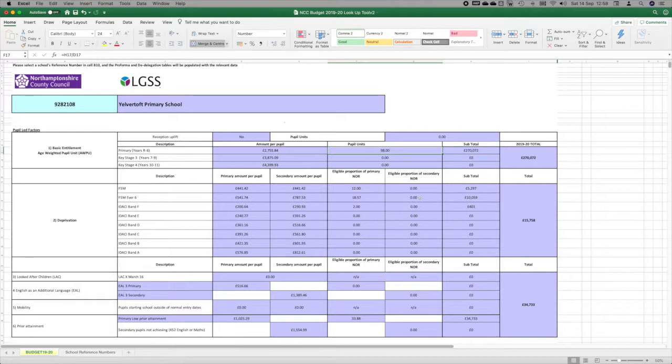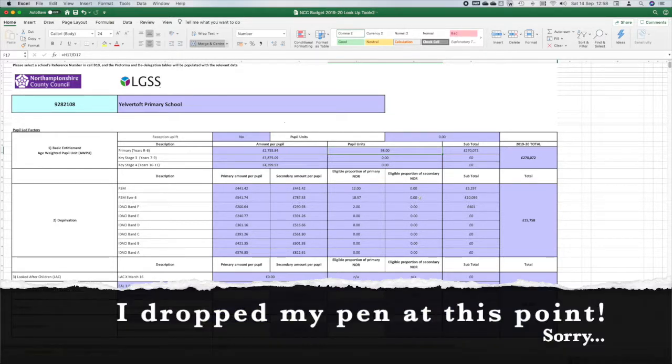And then we've got 12 who were free school meals at a value of £441 each, which is 5297. And our Pupil Premium, we have 18.57, which is a rather odd number, which is £10,059. And we have some IDACI Band F, 2 of them apparently, and that gave us a value of £401.